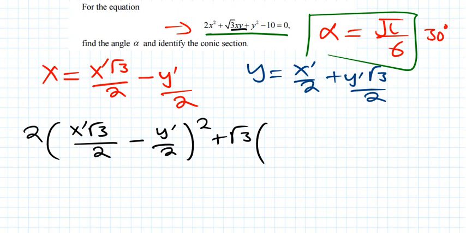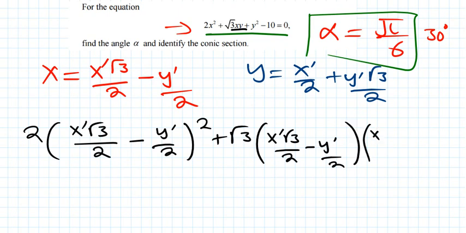Our x is x prime root of 3 over 2 minus y prime over 2, and then our y is x prime over 2 plus y prime root 3 over 2, and then after that we have plus y squared.